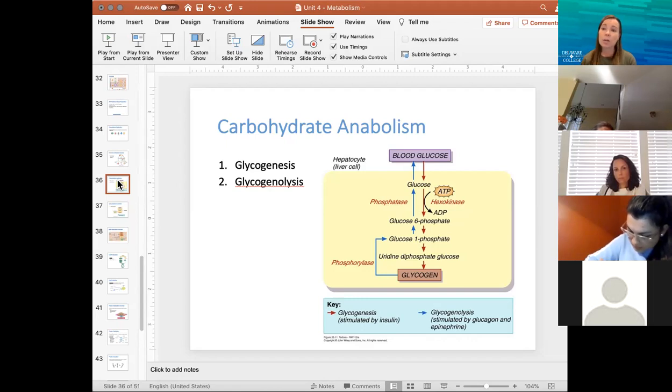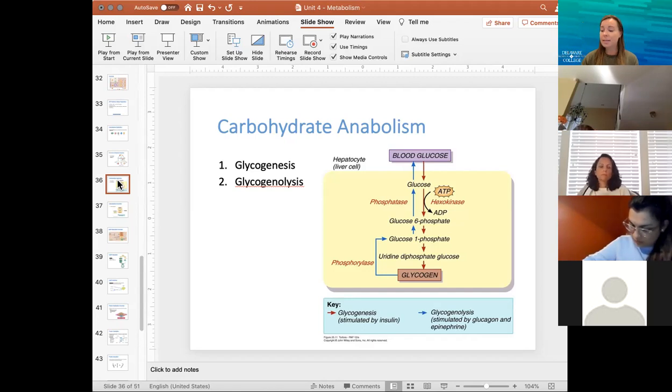Well, maybe an hour or two later after you haven't eaten, now blood glucose levels start to drop. So what your body will do is take that glycogen that you've now stored and break it apart to release glucose into the bloodstream. So now you can bring your blood glucose levels back up again.